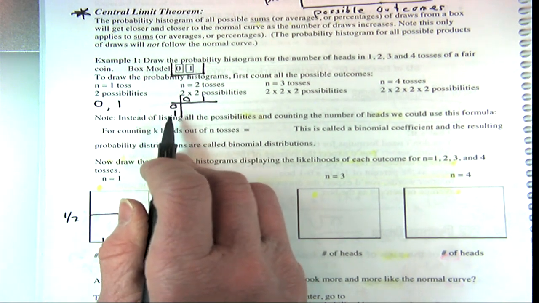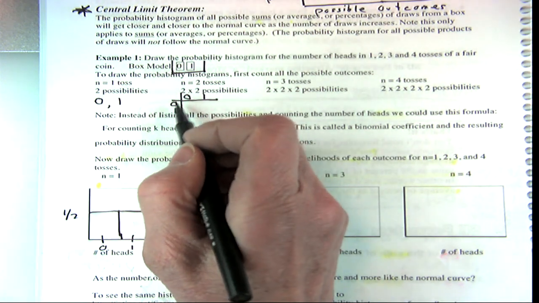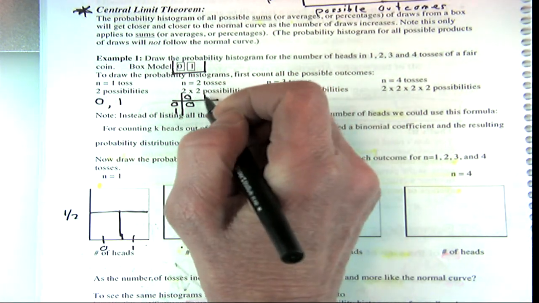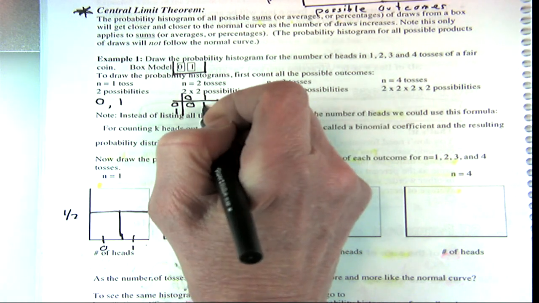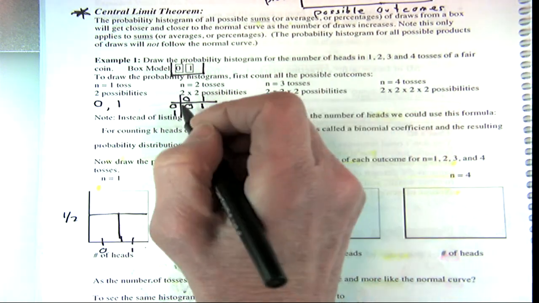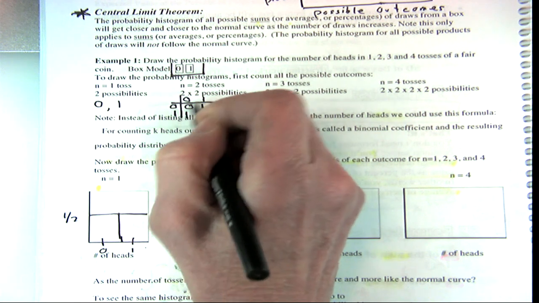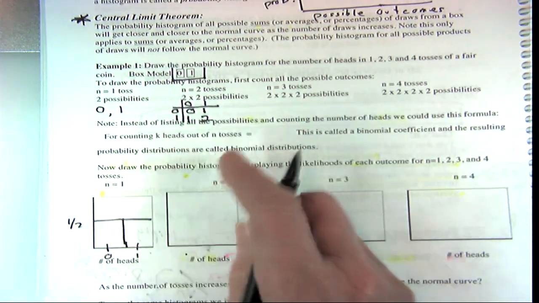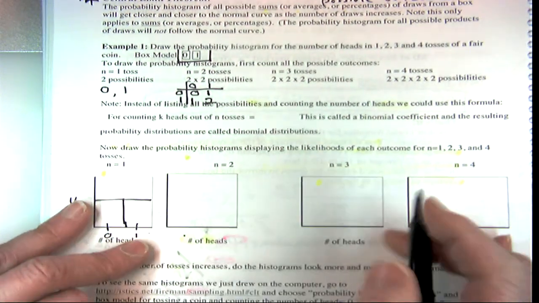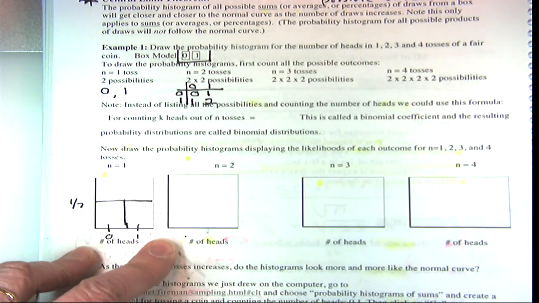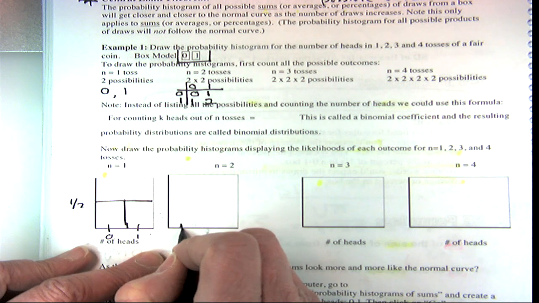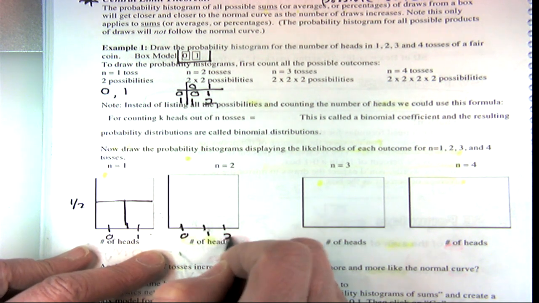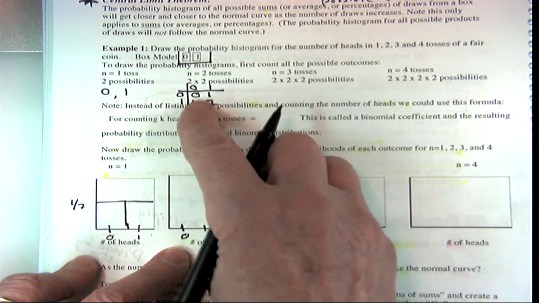And if we summed them up, if we got two tails, it would be 0 heads plus 0 heads is 0. If we got 1 head plus 0, could look like that. Or 0 and 1, or 1 and 1 is 2. So on two tosses, we already knew there are three possible outcomes: 0, 1, or 2.